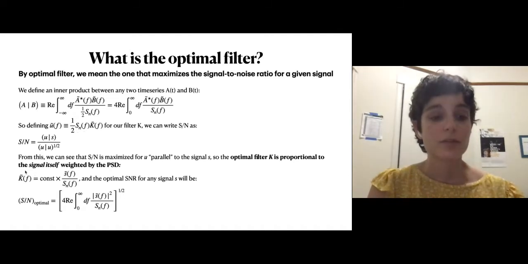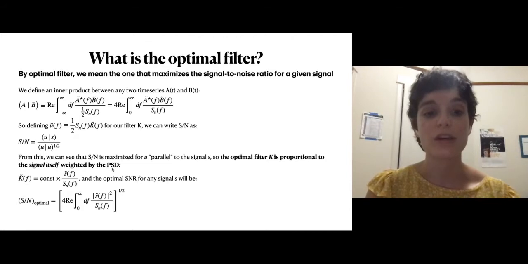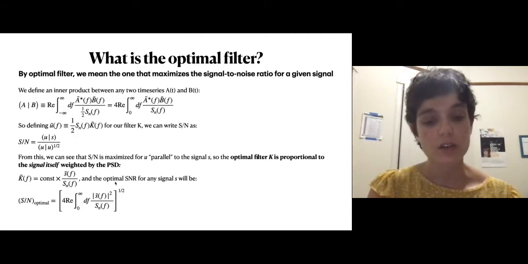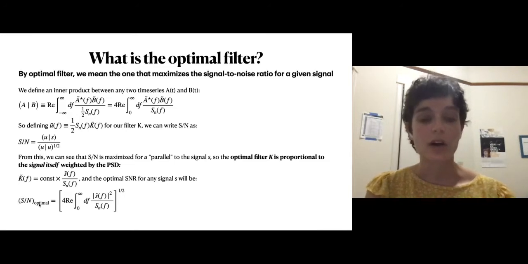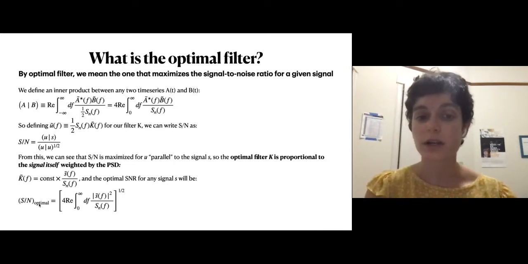If we take that optimal filter, which is written in math what this sentence above says in words, then the optimal SNR for any signal will be given by this equation, where this little s is the signal and this S sub n is the power spectral density. So this is our optimal SNR, and the optimal filter we want to use is basically the signal we're looking for itself.